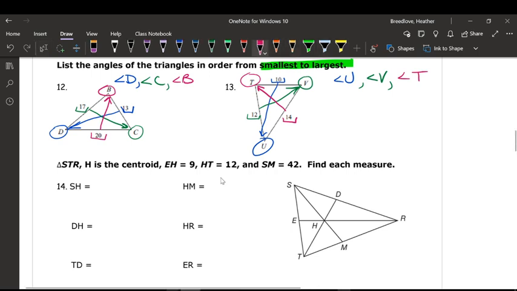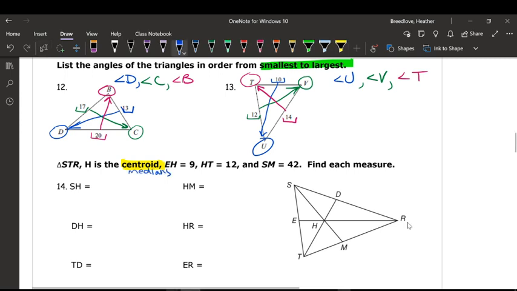So because it is the centroid, I know that the centroid is made up of medians. So centroid should tell me that these are medians. And you can see that by looking, because the lines end at the angles, angle, angle. If it's medians, you also know that the lines are cut in half.